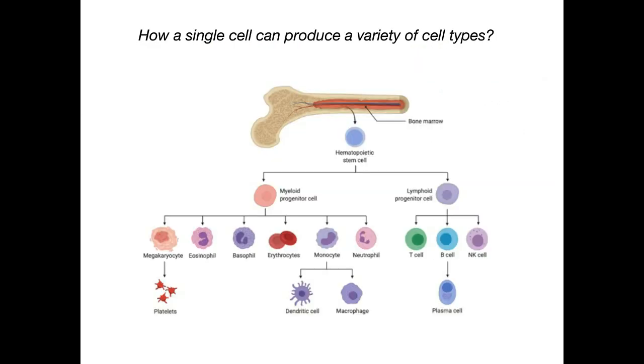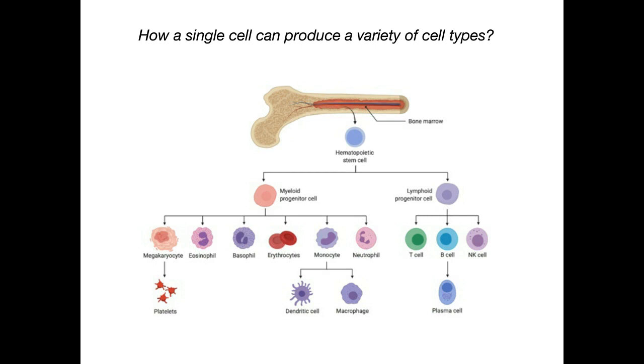One of the fundamental questions in biology is how a single cell can differentiate into a variety of different cell types. We know that during this process, the hematopoietic stem cell can choose different trajectories to become either the myeloid or lymphoid lineages.